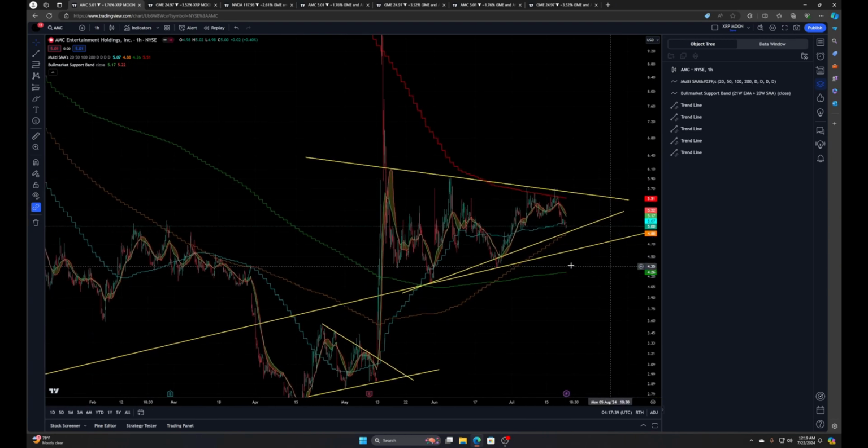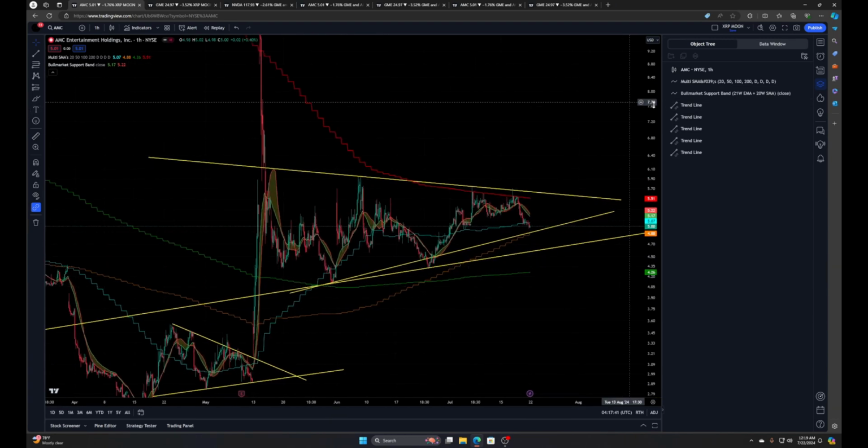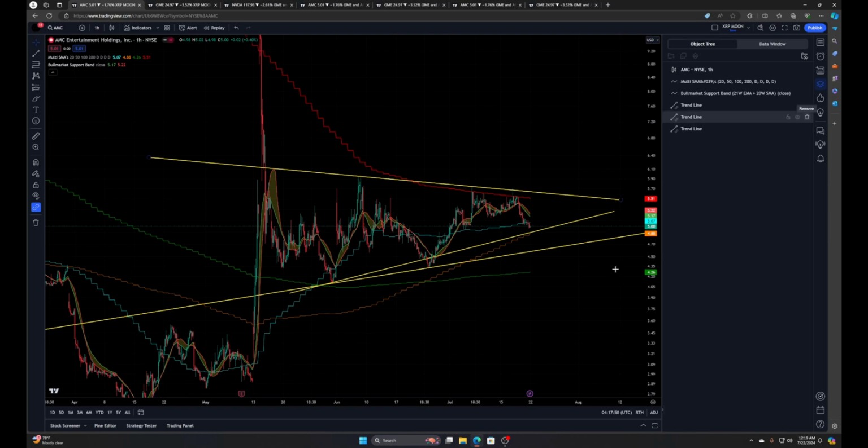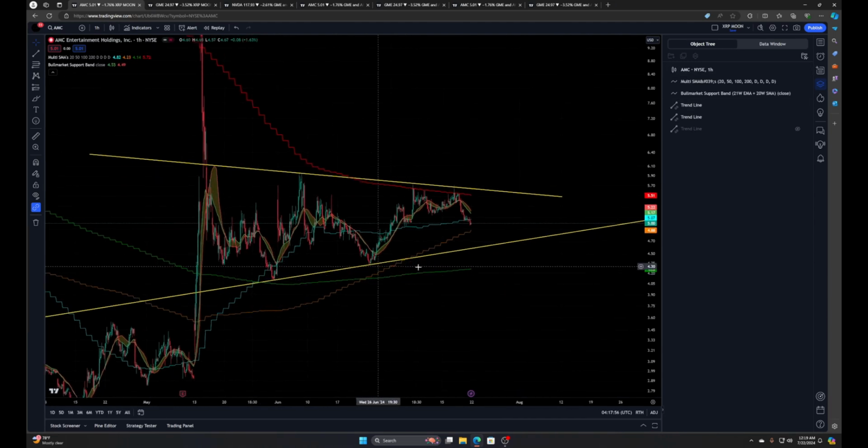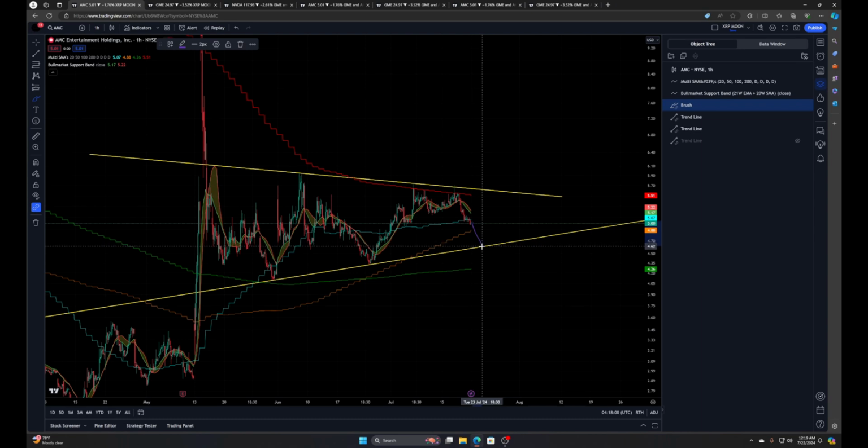One would give us this trend line. Let's see, we can just delete these. Delete that one. Now, this one is using these two touch points, this trend line, and that would take you all the way back down to around 460. So that would take you to 460.